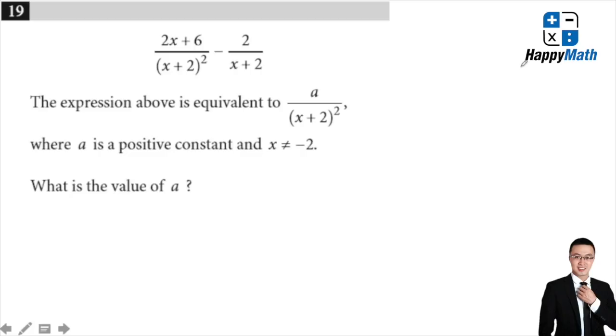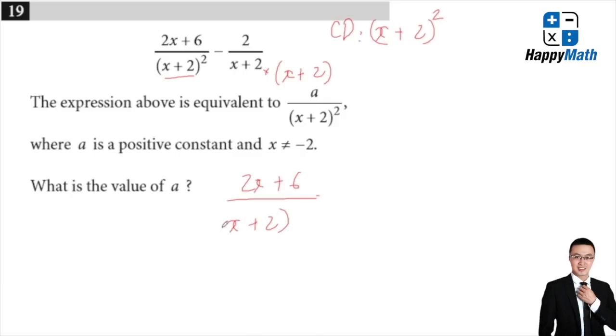The expression above is equivalent to a, where a is a positive constant. What is the value of a? You have to simplify the rational expression here. The common denominator is (x plus 2) squared. Here is the same, but here you have to multiply by one more x plus 2.